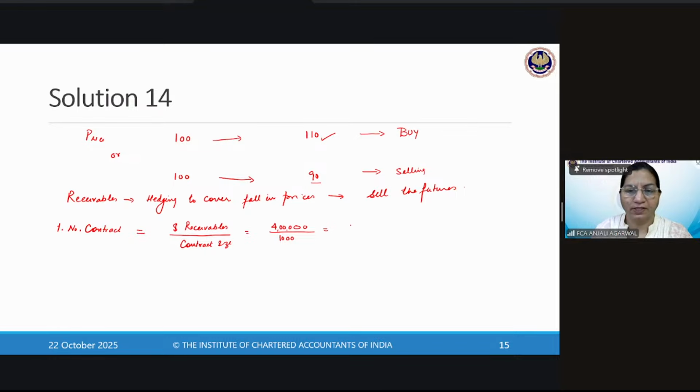So the number of contracts is 400. Second, how will you do the hedging? Since it is dollar receivables, sell 400 contracts of dollar futures.